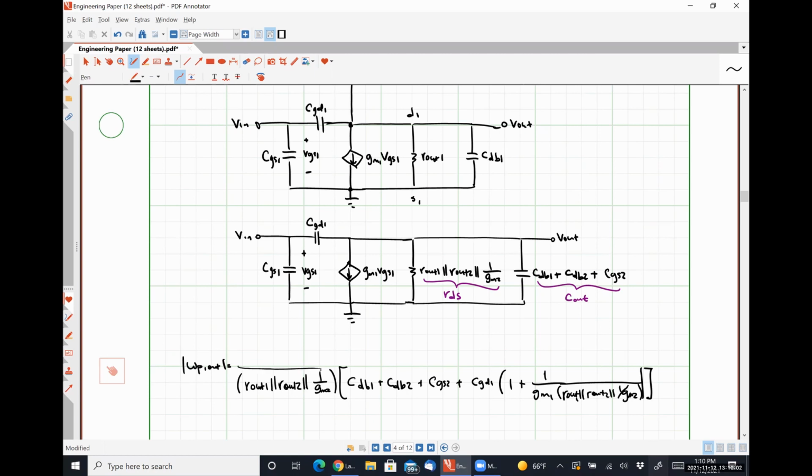And then 1 over that whole thing. So the analysis is identical.